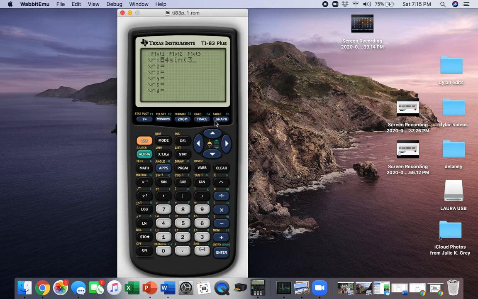And I'm going to have 3 petals. There you go. And if I hit trace, there's my rose.